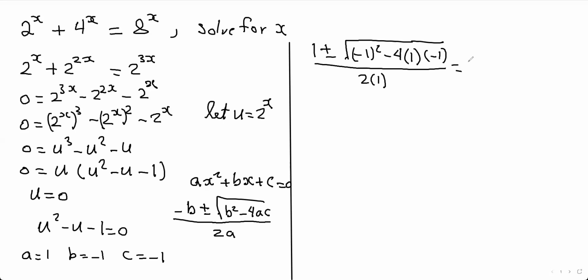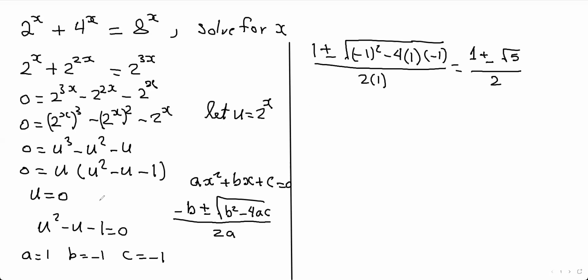This gives me 1 plus or minus, negative 1 squared is 1, and 4 times 1 times negative 1 is negative 4. So this becomes 1 plus 4, which is square root of 5 over 2.